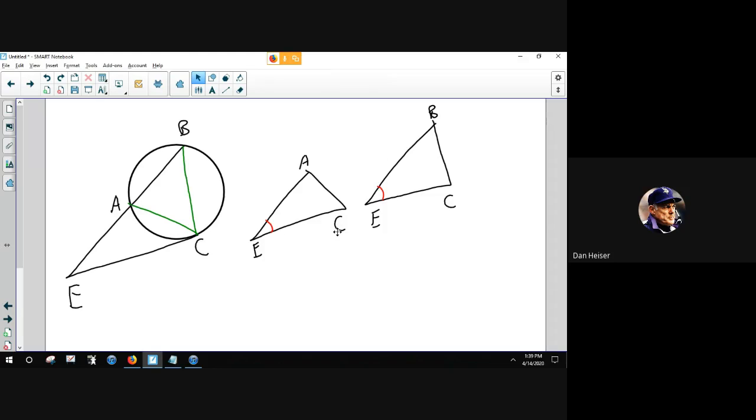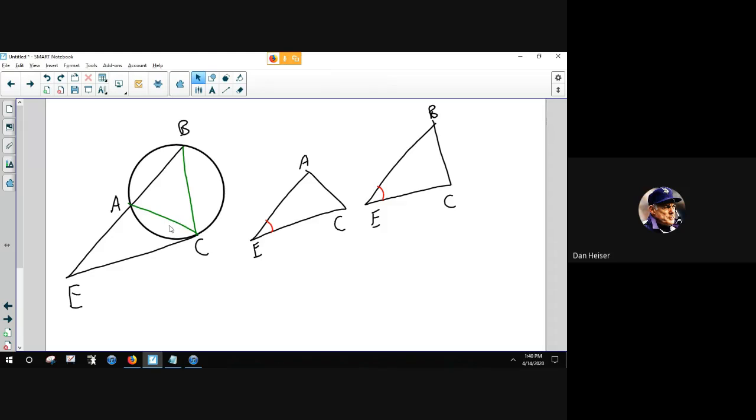This angle C is not the same as this angle C. Angle C in this triangle is smaller than angle C in the other triangle, so they're not the same. Also, this angle A is not inscribed. For this angle A to be inscribed, one of these sides has to be a tangent. Neither one is. So angle A is not inscribed.